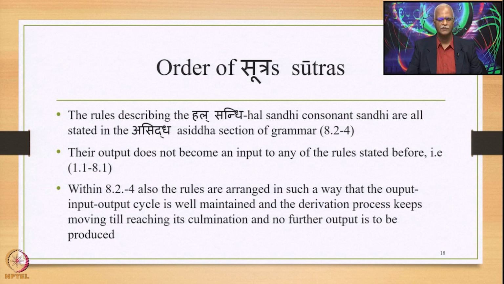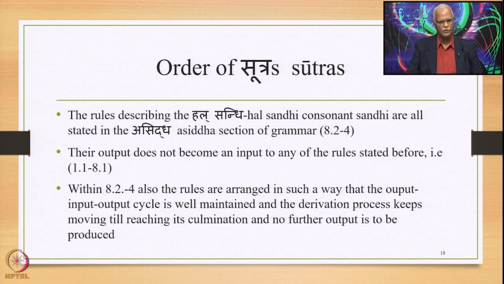In fact, almost all the rules describing the hal sandhi are stated in the asiddha section of grammar, that is Ashtadhyayi 8.2 to 8.4. The peculiarity of this section is that the output of the sutras in this section does not become an input to any of the rules stated before.